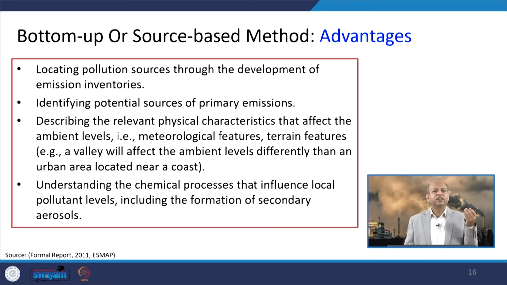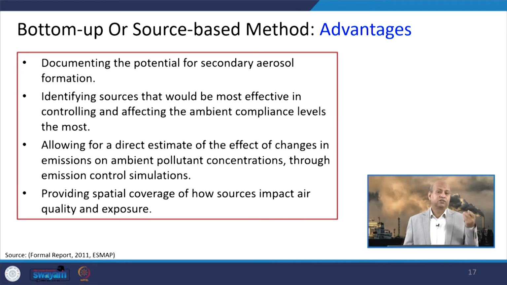Then we can describe the relevant physical and chemical characteristics, in the sense of their physical parameters or chemical parameters. We can also understand the chemical processes which contribute to secondary aerosols or secondary pollutants, like ozone, or secondary aerosols such as sulphate or nitrate.